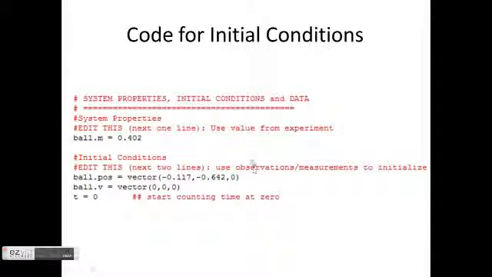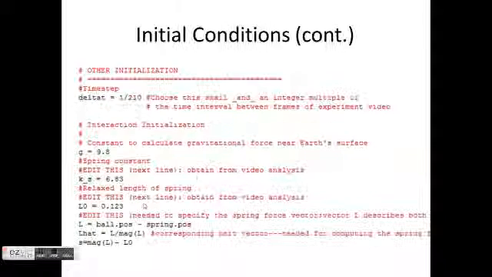Here are some parts of the code used to create the computer model of the motion. We set the mass of the object as well as the initial position and initial velocity of the object. And we set time equal to 0 because this is when we start our observations. We set the other initial conditions such as delta t, which is very small, so we can get accurate predictions.